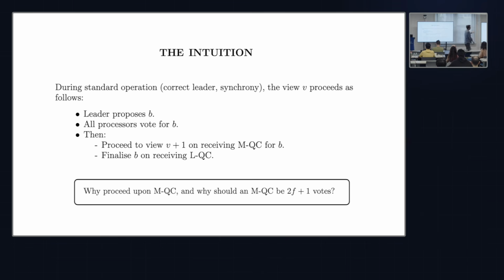There are details we have to fill in: how does the leader determine which block to propose, and when will other processors vote for it? But the immediate question in your mind is, why proceed on receiving the MQC, the smaller QC, and why should the MQC be 2f plus 1 votes?